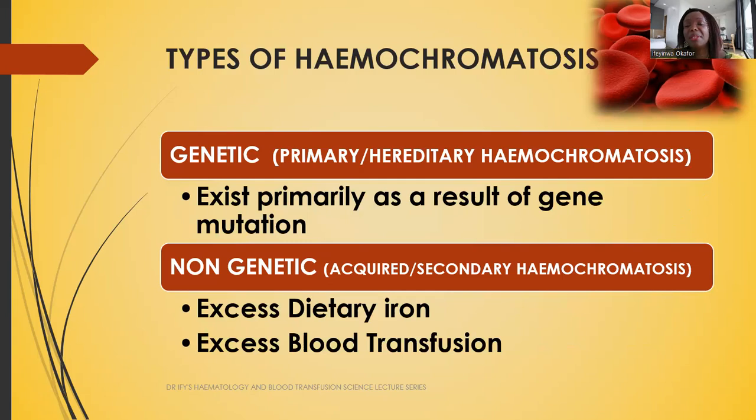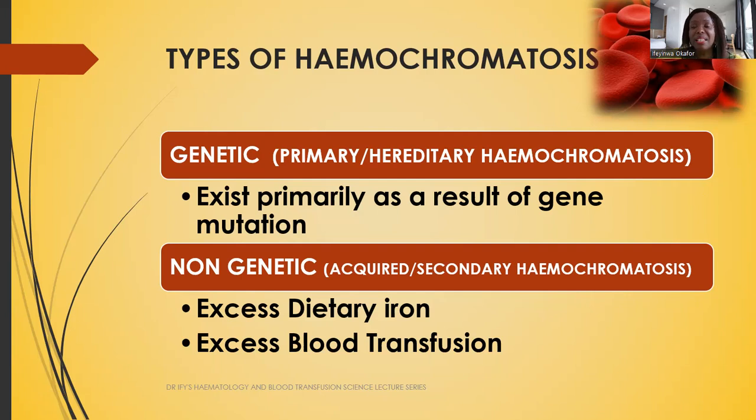Types of hemochromatosis. Based on the causes that we mentioned, genetic causes and non-genetic causes, we basically have two types of hemochromatosis. The one we call primary or hereditary hemochromatosis. This type of hemochromatosis exists primarily as a result of gene mutation.